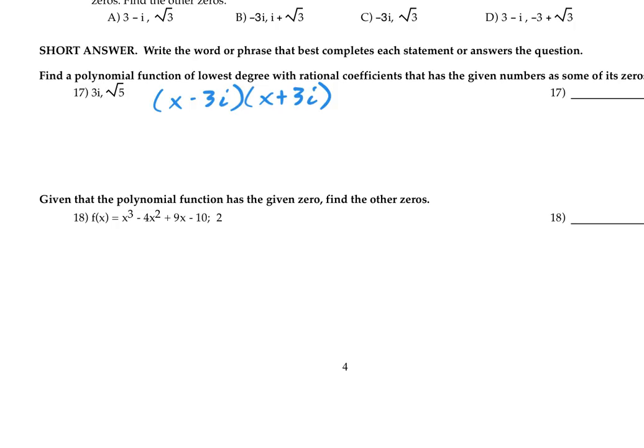So if I have 3i, I also have -3i. If I have radical 5, I also have negative radical 5. So it only gives me 2 zeros, but we really have 4 zeros, and so I really have 4 factors.